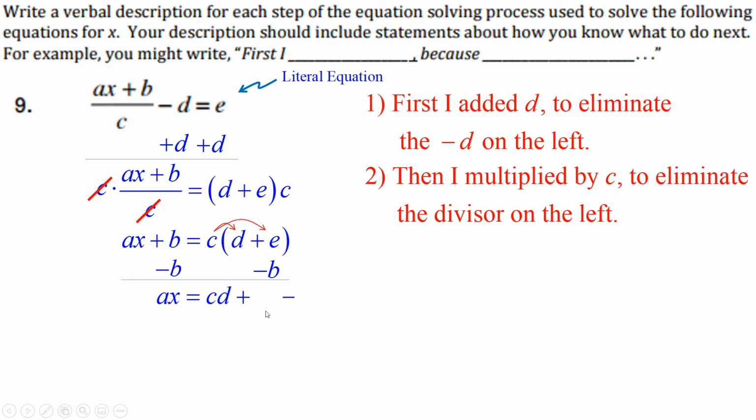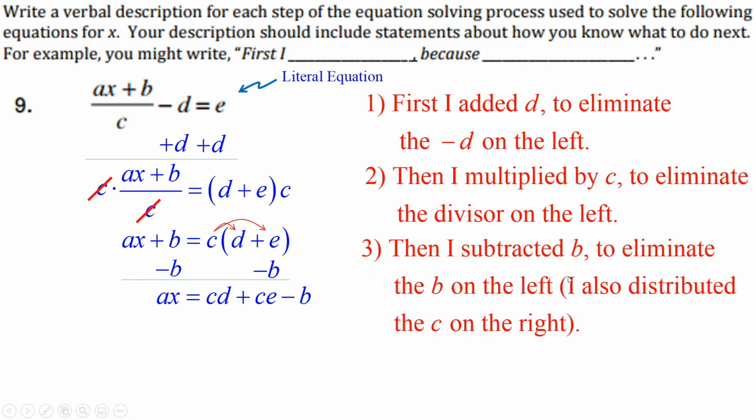This is the distributive property. And then I have that minus b. Now none of these are like terms, so I cannot combine them. But what did I do there? I subtracted b from both sides to eliminate the plus b on the left. I also distributed the c on the right.